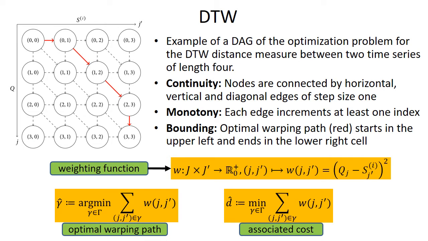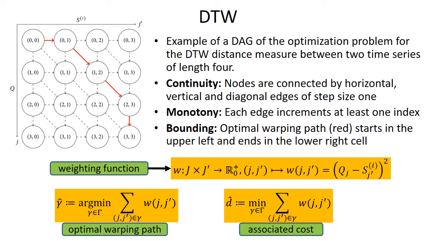Some more background about dynamic time warping. In dynamic time warping, we basically set up a DAG, a directed acyclic graph, which is of quadratic size, so n times m, where n and m are the lengths of the two time series that are compared. Here in this example, we have two time series of length 4, so we have a 4 by 4 matrix, and it's a weighted matrix, so a weighted DAG.